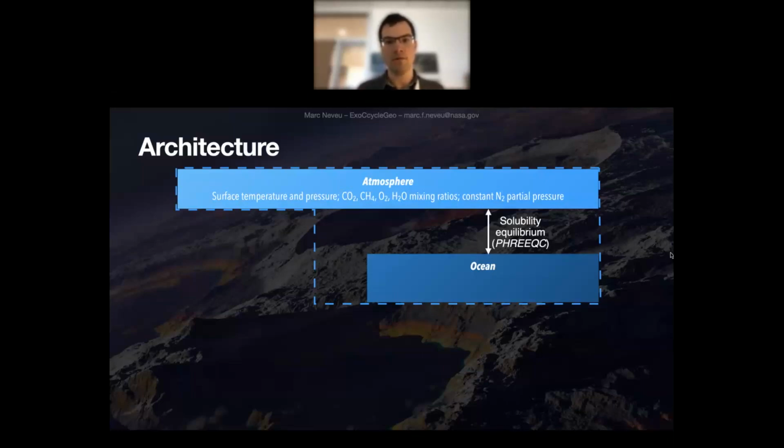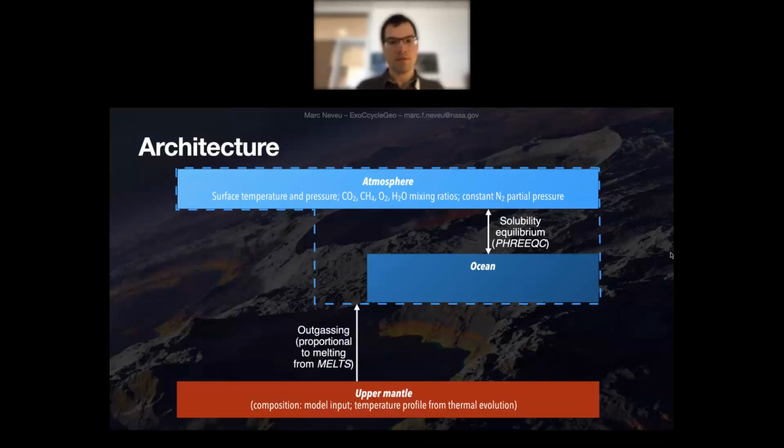And we calculate the detailed equilibrium with the detailed ocean composition using a code called FREAK, which is developed and maintained by the US Geological Survey, widely used in aqueous geochemistry applications. Gases to that reservoir come from the mantle, and the outgassing flux is computed with the help of a geodynamic model.